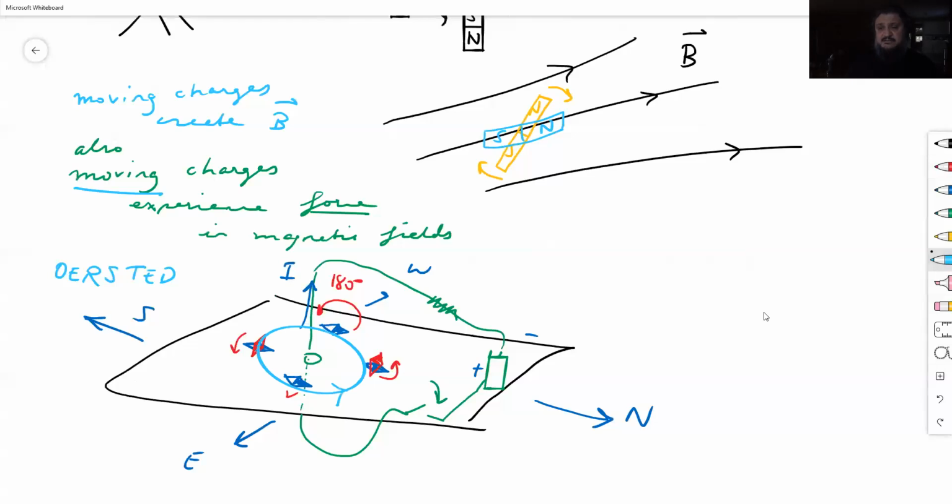Now, if the current is upward, you would have the magnetic field in a certain direction. And if you switch the polarity of the battery, suddenly the current now is downward, and the magnetic field also changes direction. You observed. Okay, that's Oersted's experiment.